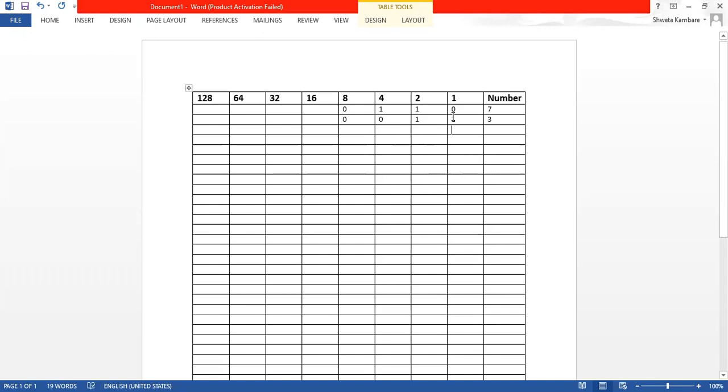0 plus 1 is 1. 1 plus 1 is 0 and carry 1. Okay, so here you are going to add the carry bit.